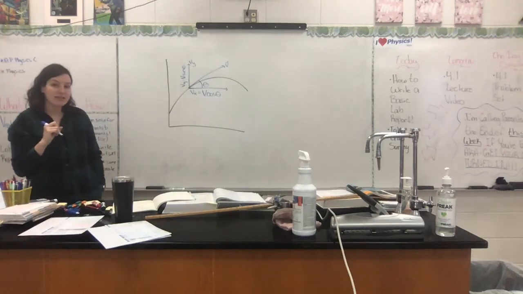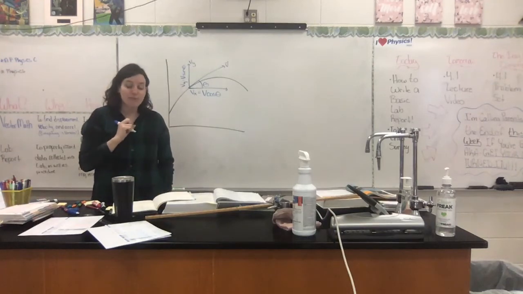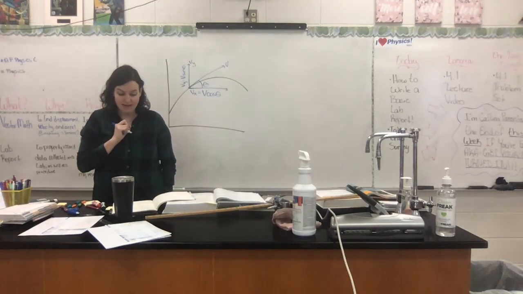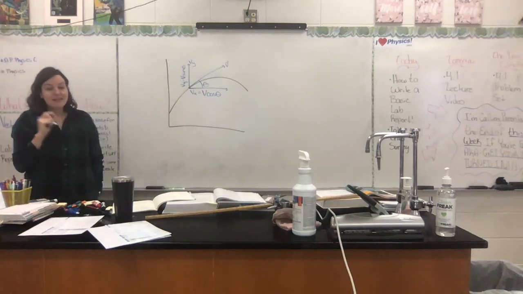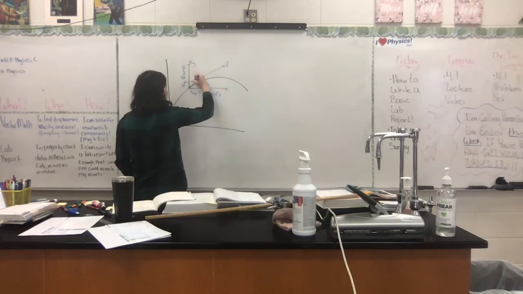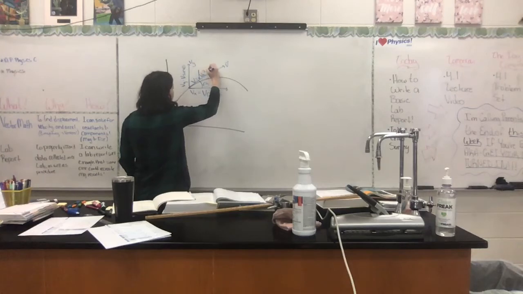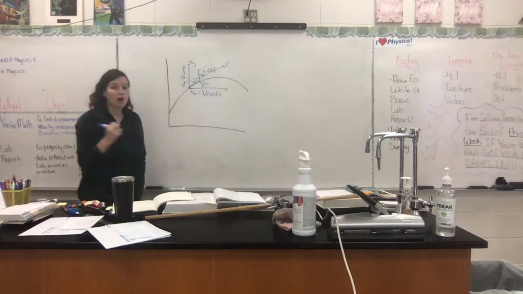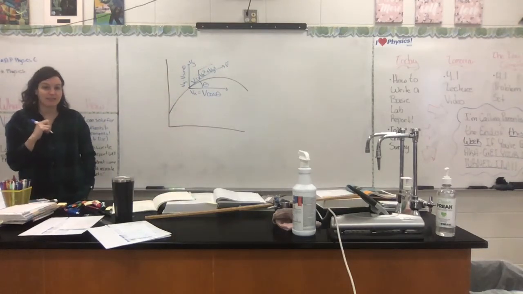So the x component is V cosine theta, the y component is V sine theta, where the speed at that point, which is just V, our magnitude, is equal to the square root of, you guessed it, Vx squared plus Vy squared. Just like we've already been doing with vectors in class.